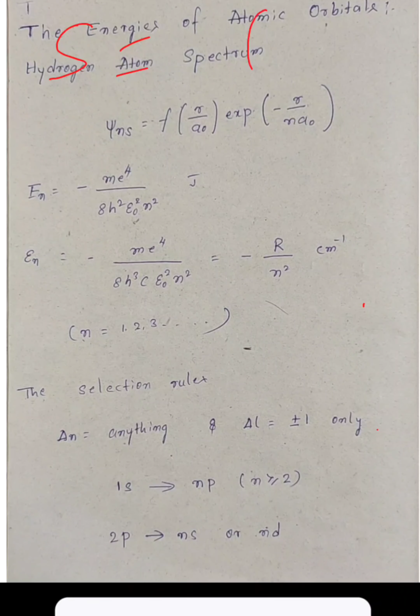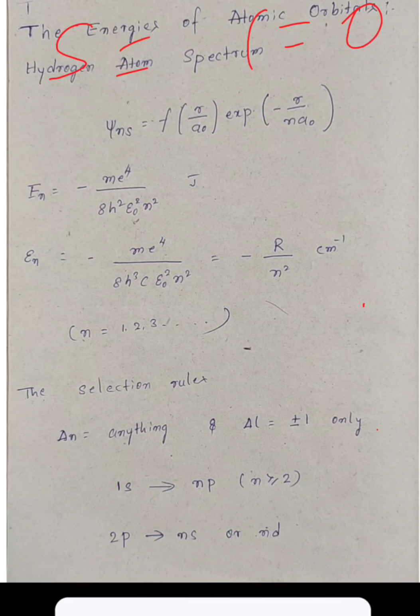L is equal to 0 indicates the S shell, S orbit. It is circular in shape. And here the electron is present in the S shell.